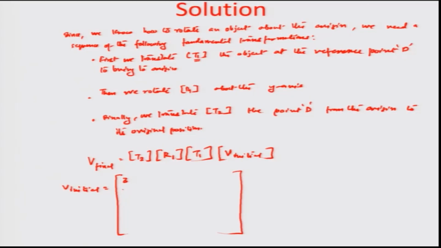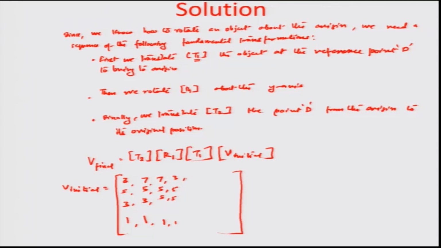So, we write 3, 5, 3, 1, then 7, 5, 3, 1, then 7, 5, 5, 1. Let us keep separating these entities through commas, so that there is no confusion. And then we have 3, 5, 5, 1.